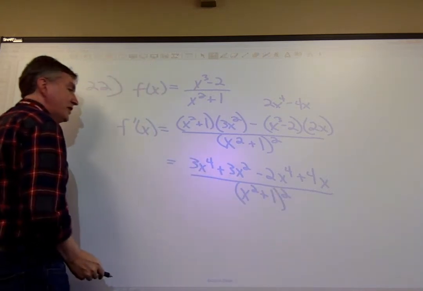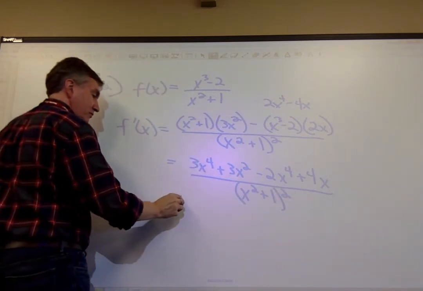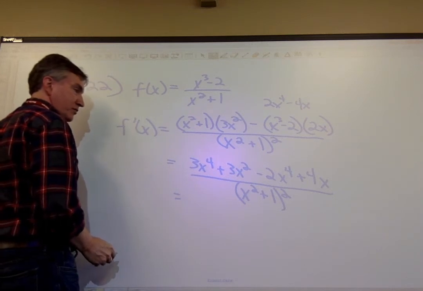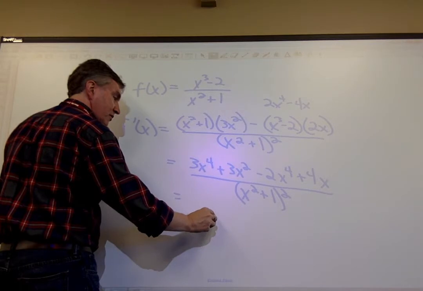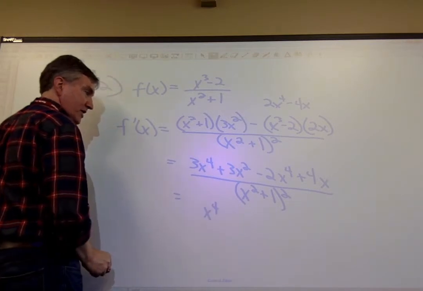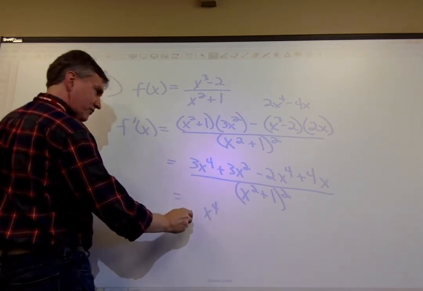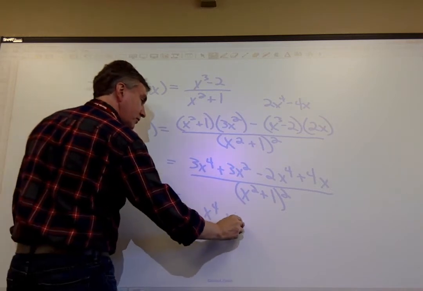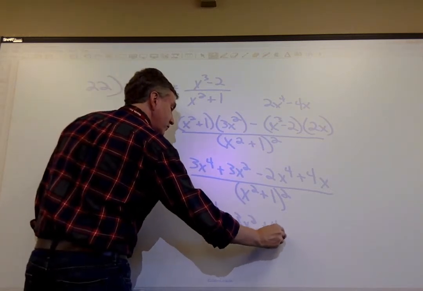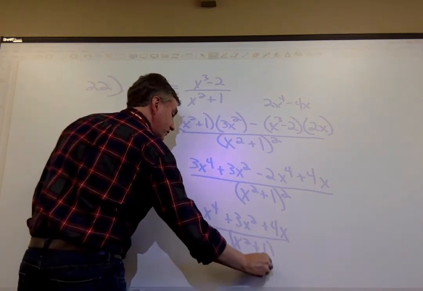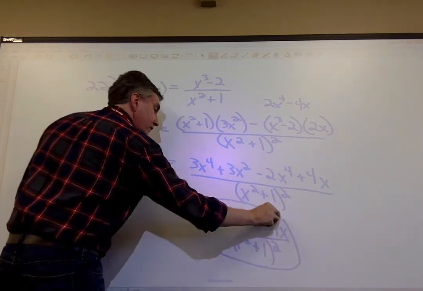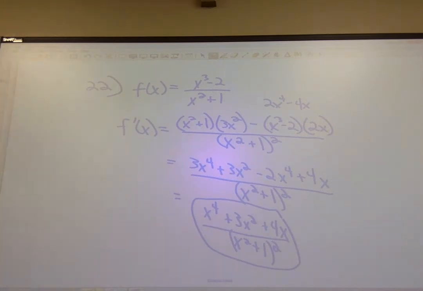They usually will leave the denominator alone. So what would you say is a good final answer? X to the fourth? That wasn't terribly bad, but you could see how they could get bad.